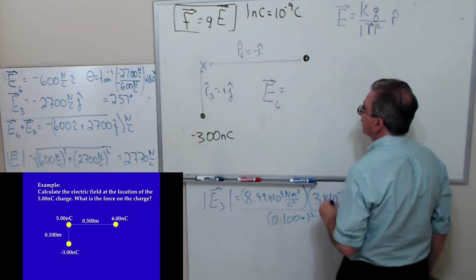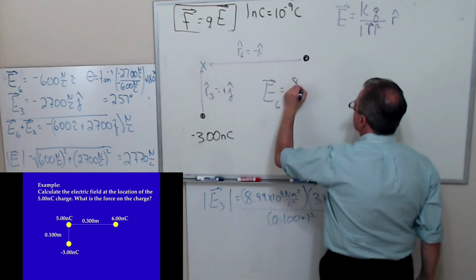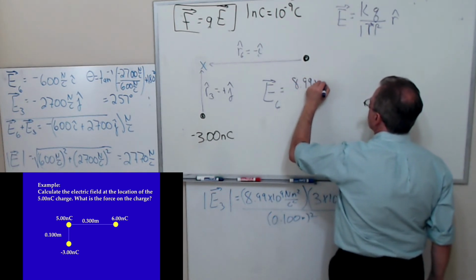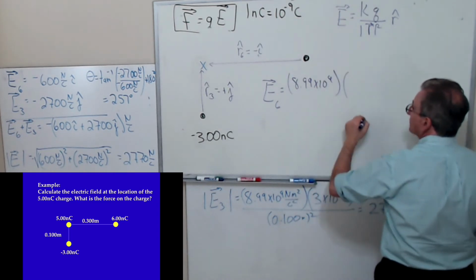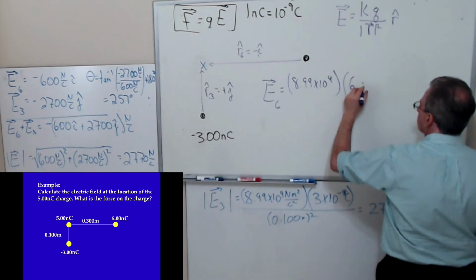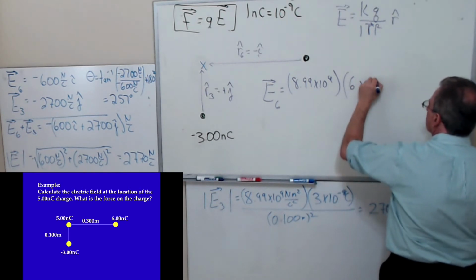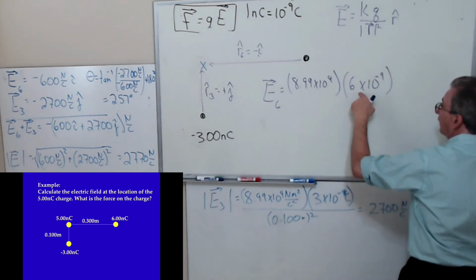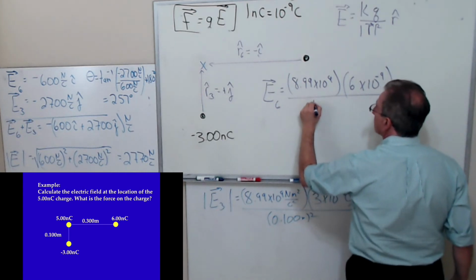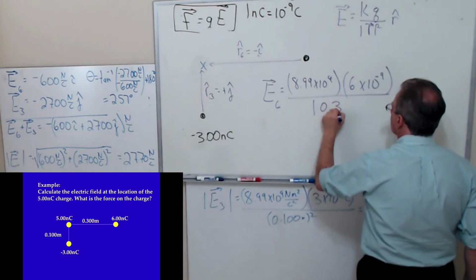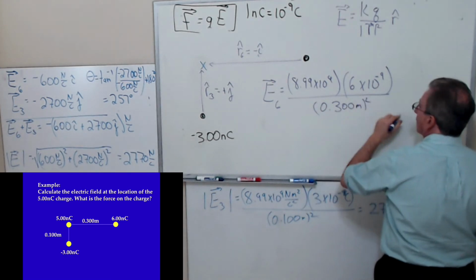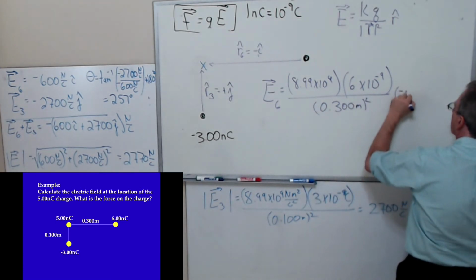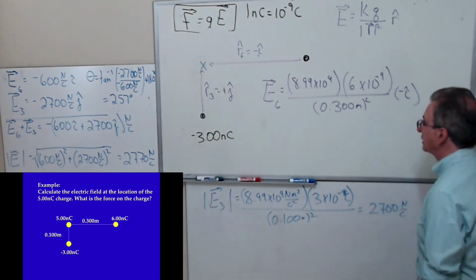E6 is going to be 8.99 times 10 to the 9. I'm not going to put the units in because I'm going to run out of space. Times, here I'm going to put the sign in of the charge. So that's E6.